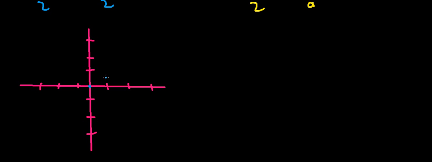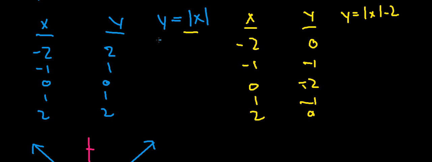We had 0, 0, which is just our plane y is equal to the absolute value of x, 1, 1, 2, 2, minus 2, 2. So it looks like this. So this is the function without the transformation.